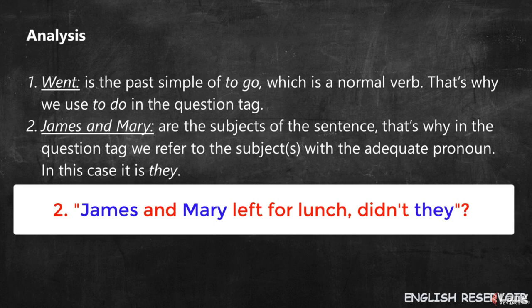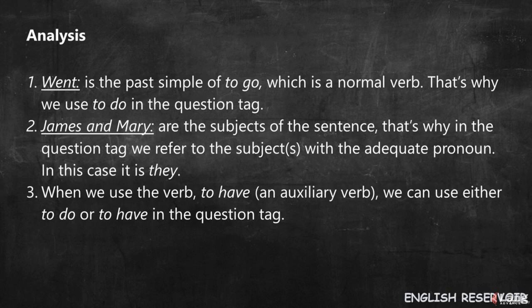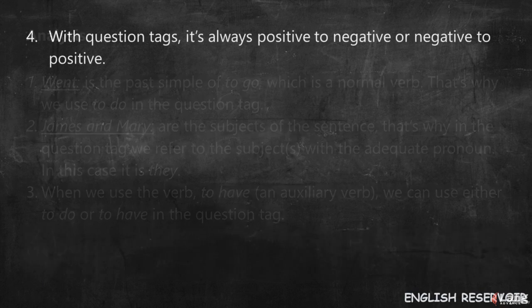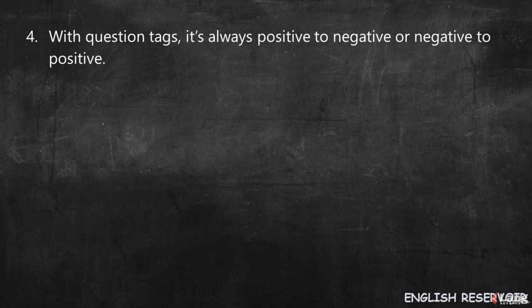In this case, it is they because it's plural. 3. When we use the verb to have, an auxiliary verb, we can either use to do or to have in the question tag. 4. With question tags, it's always positive to negative or negative to positive.